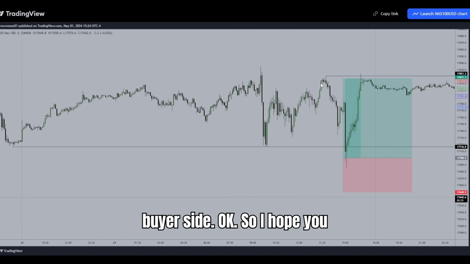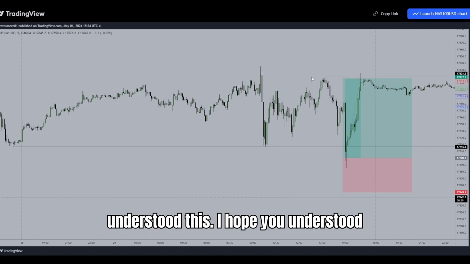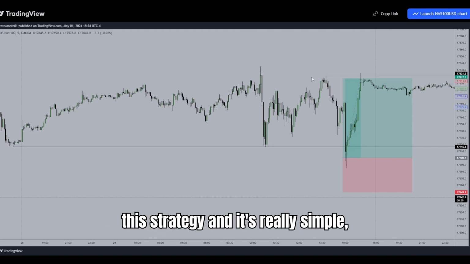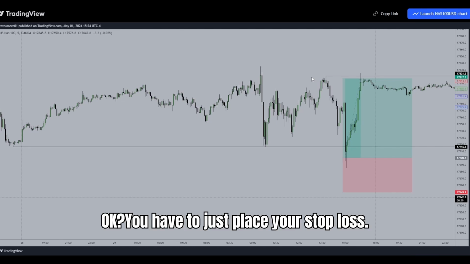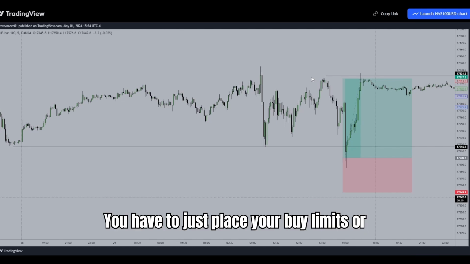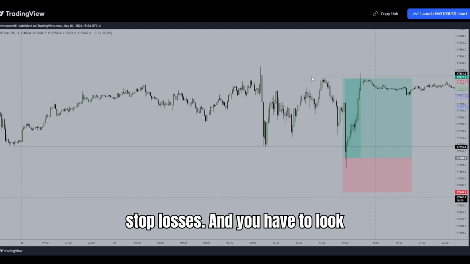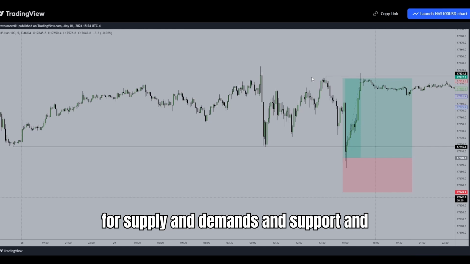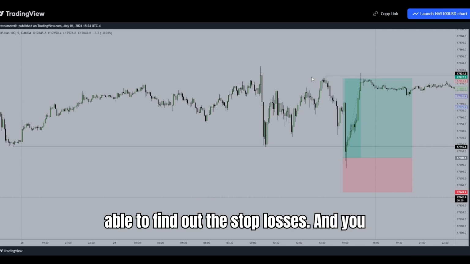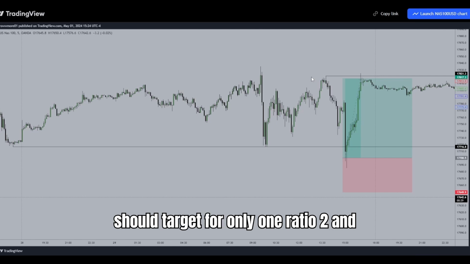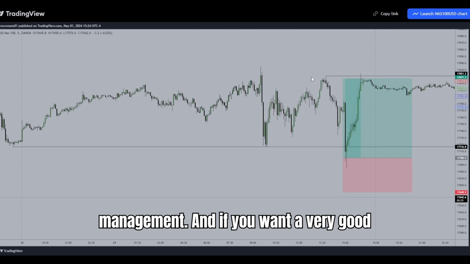So I hope you understood this strategy, and it's really simple. You just have to place your buy limits or sell limits where people will place their stop losses. You have to look for supply and demand and support and resistance, because then only will you be able to find the stop losses, and you should target only 1:2, and get very good risk management.